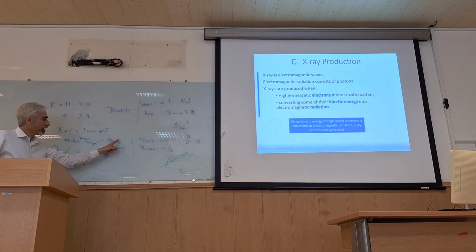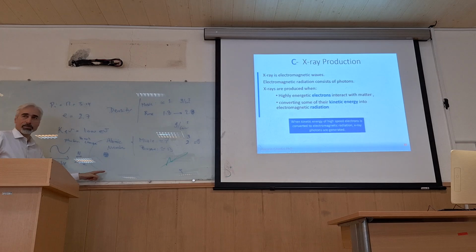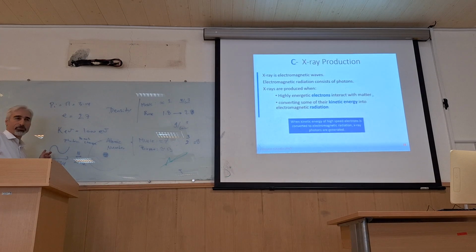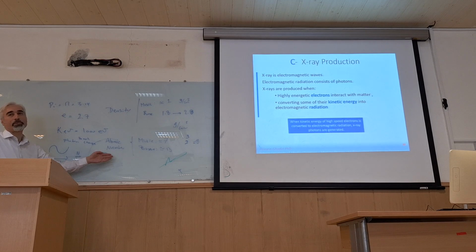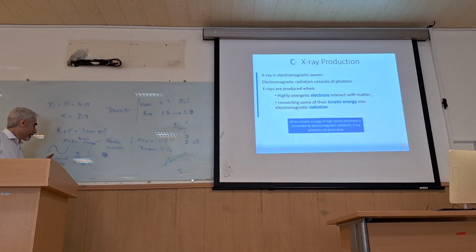And if we have an atom like this, the smaller one can pass through the atoms more easily compared to the larger one. Because of that, the visible light cannot pass through the hand, and the X-ray photon can pass through.